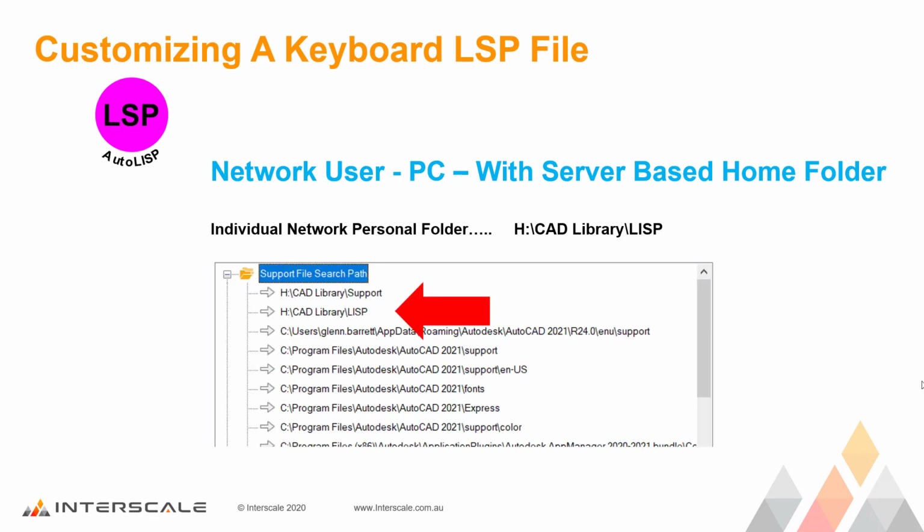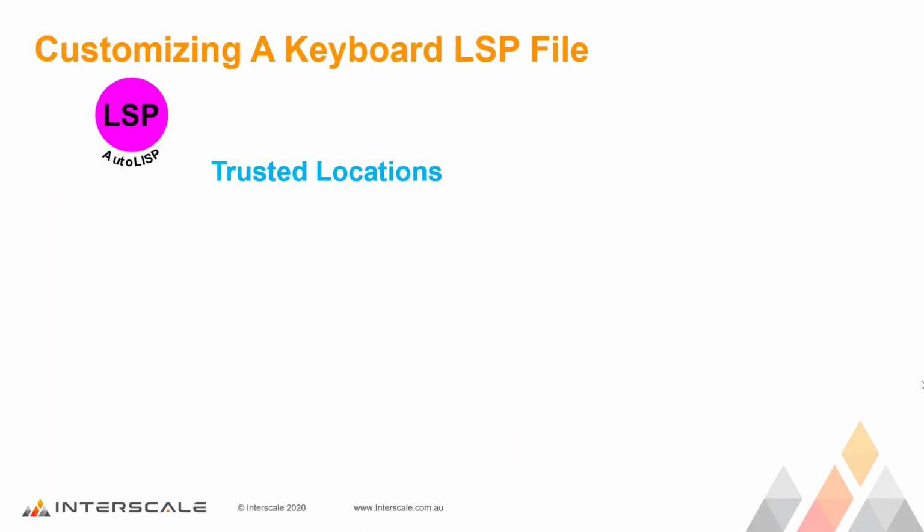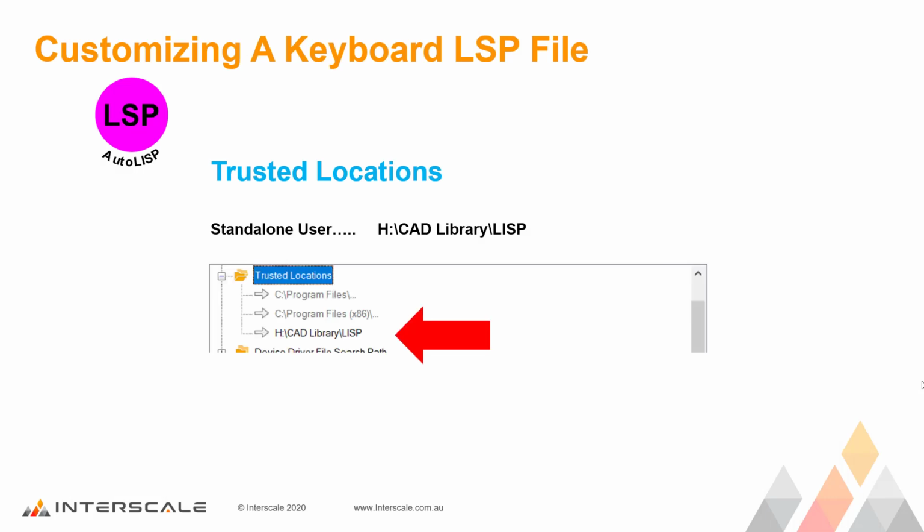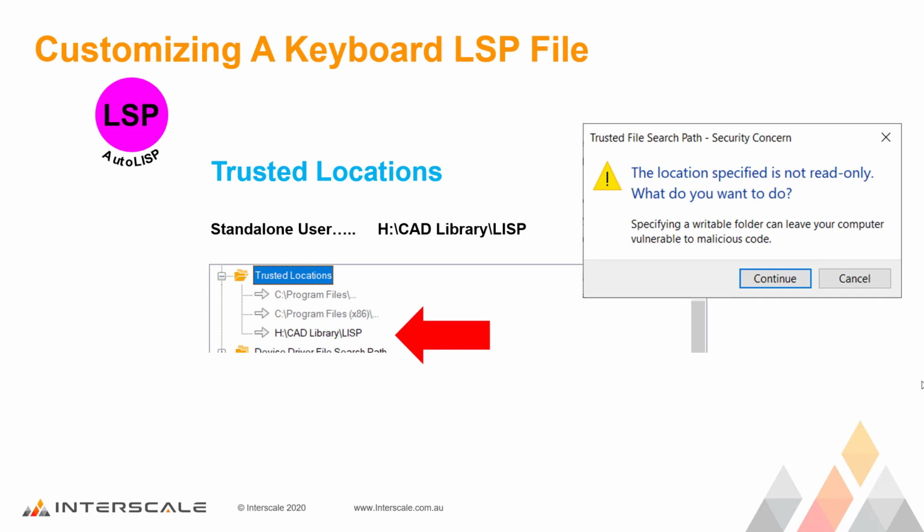Go into options and add this new path towards the top of your support paths so that AutoCAD finds and uses this folder and its files early. Remember, this file can be customized by each individual user to suit their own requirements, and any editing does not affect other users. The same rule for adding your folder to the trusted locations folder applies as before.